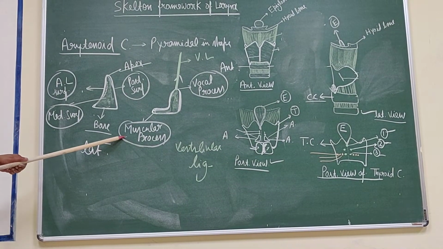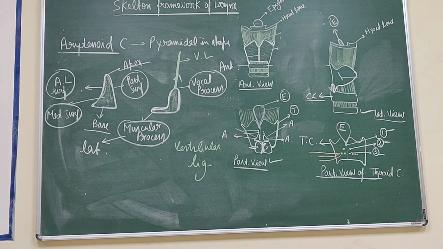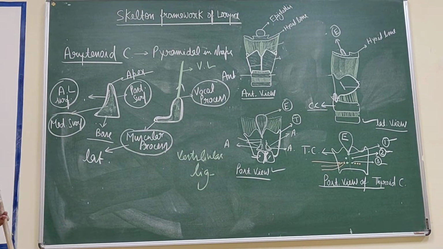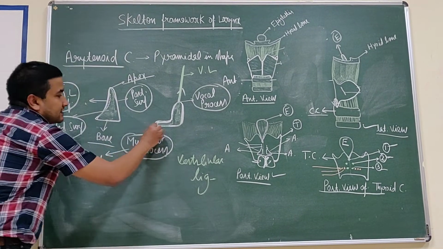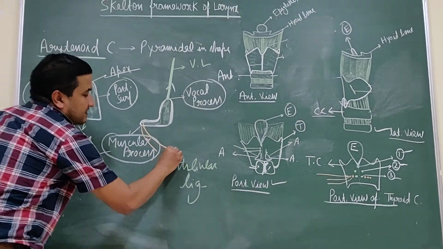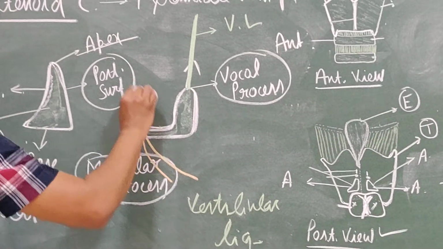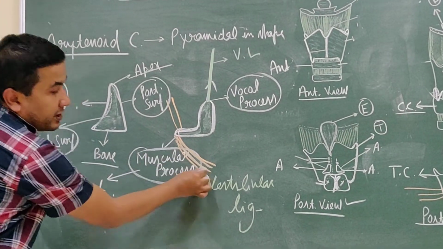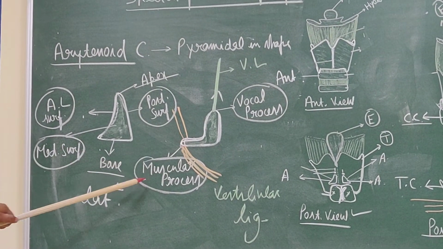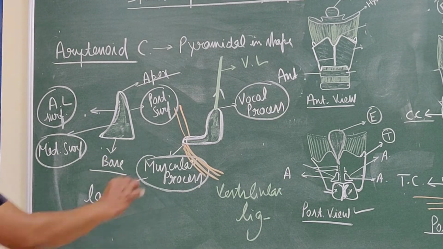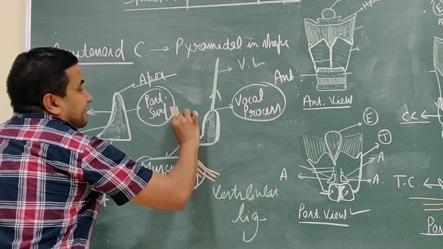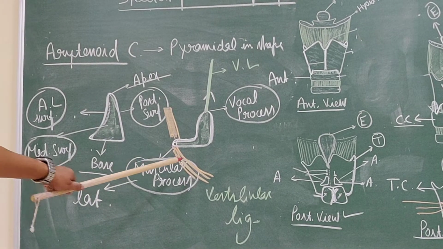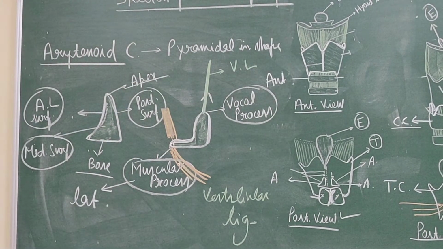While this muscular process is directed laterally, the importance of this muscular process is that there are two important muscles. One is attached to the posterior surface of this muscular process, and one is attached to the anterior surface. These two muscles are the intrinsic muscles of the larynx.